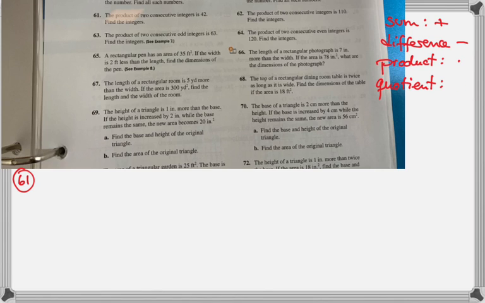So if you see the word product, the product of two numbers, x times y, or 3 times 5. The product of two numbers is 15, so 3 times 5 or whatever. Product means multiplying. So 61 says, we are multiplying two numbers.